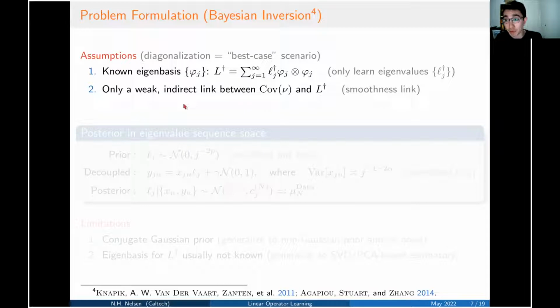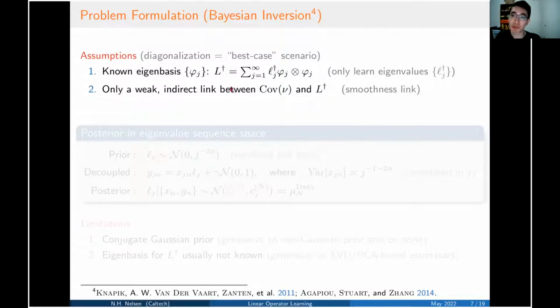Our numerical results, time permitting, will hopefully convince you that this also works beyond this simple assumption. The second assumption is just a weak link between our unknown operator and the data generating measure. I'm not going to focus too much on that.